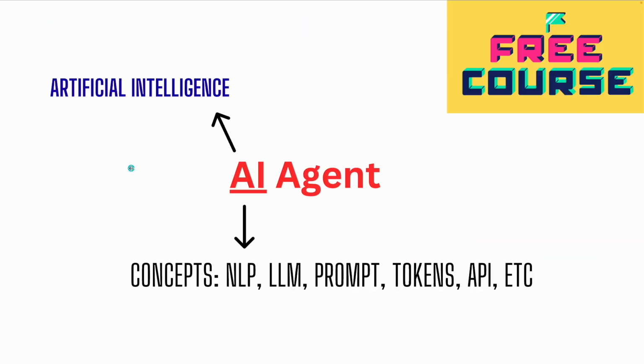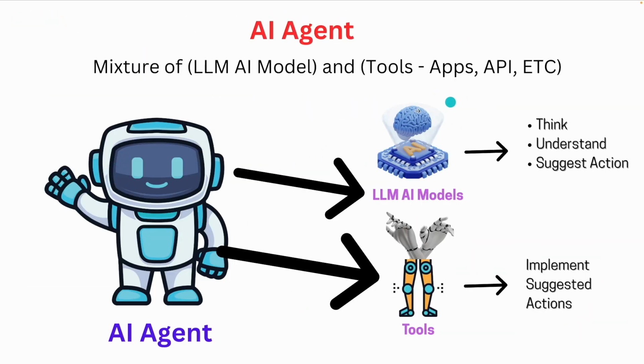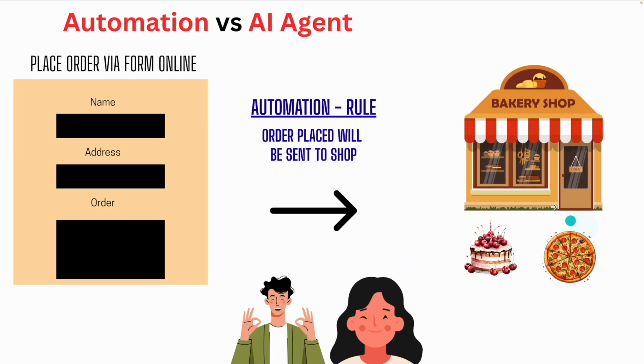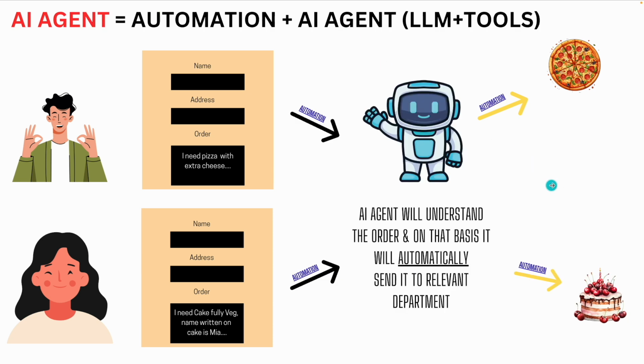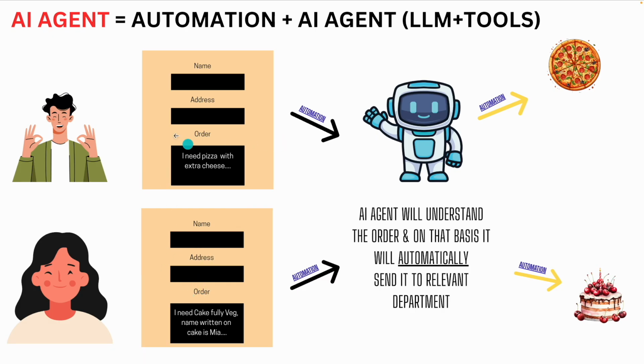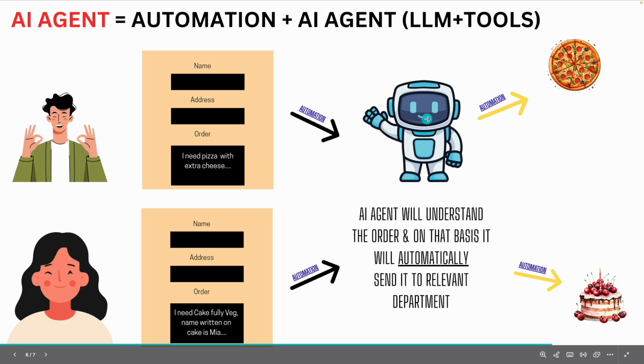You remember, LLM means a brain, and tools means legs and hands. So this AI agent already has the brain and tools. So all the messages, whether pizza related, cheese pizza related, or cake related, will automatically go to this particular robot.